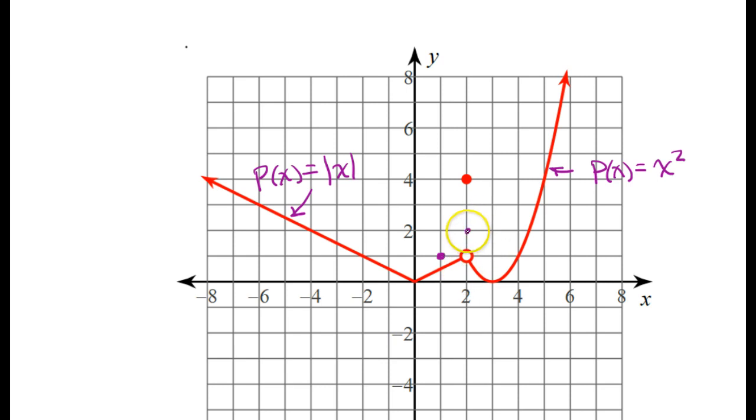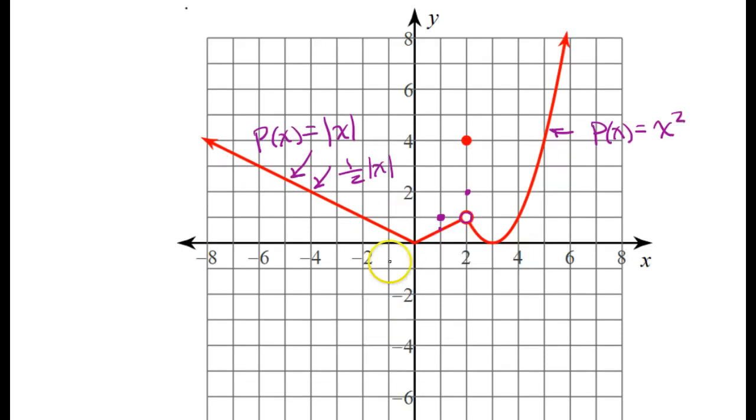So instead of being at 2, this point is at 1. Instead of being at 1, this point is at 1/2. So every point is half the value that it normally would be. So that tells us that we are dealing with a vertical compression by a factor of 1/2. So this function is going to actually be 1/2 absolute value of x.